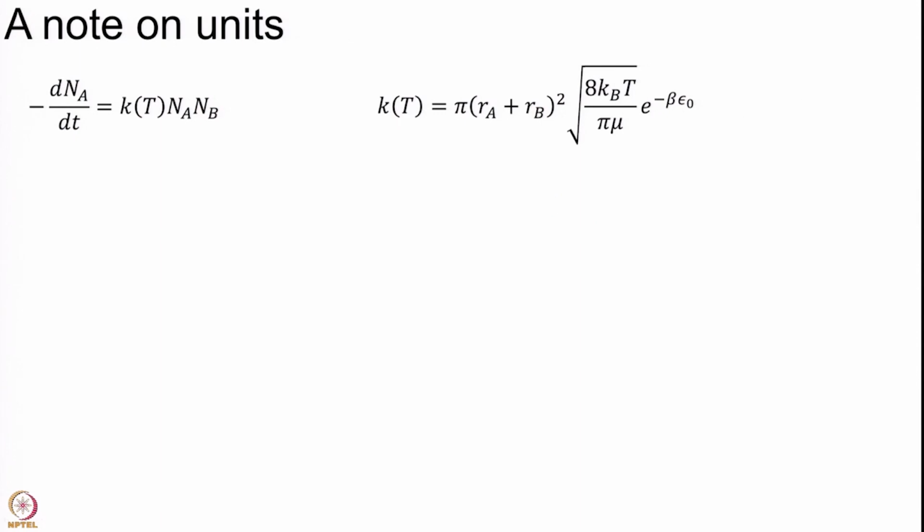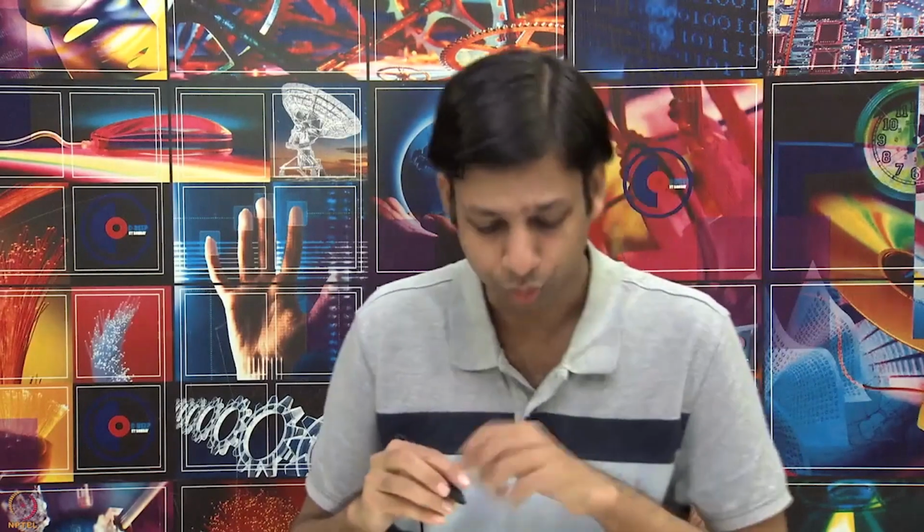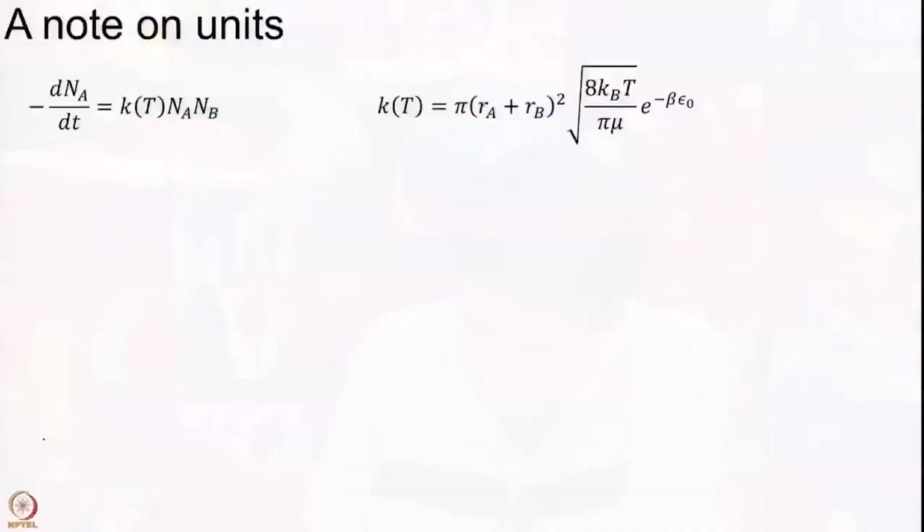One important thing before we solve problems is that of units. Units is always very important. Any number you calculate must always have units. So, what is the unit of k? This k that is written here, if you look at it, what is the unit right now?